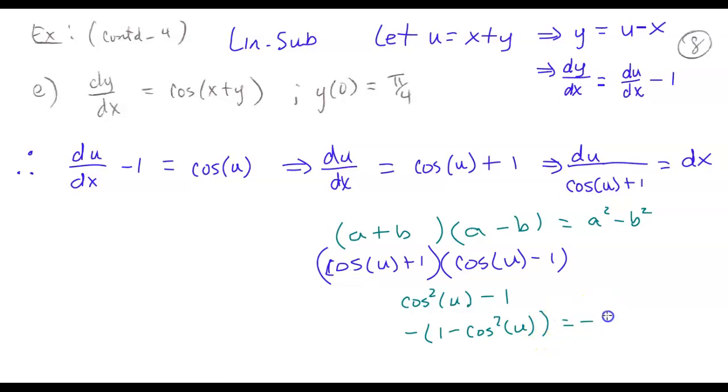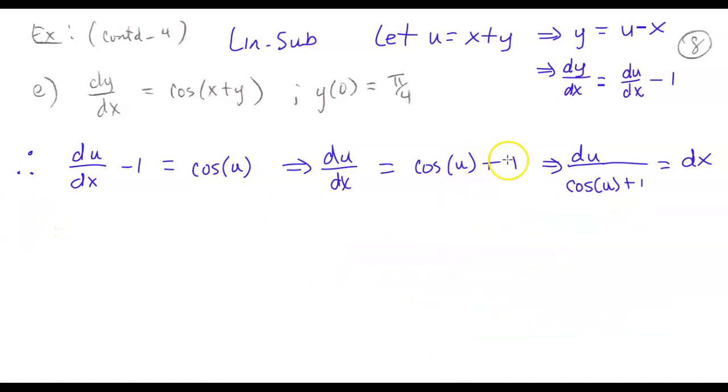And of course, all this would just be negative sine squared u. And that's something that we can deal with, okay? So what we're going to do here, now I'll erase this, but what we're going to do is multiply numerator and denominator of this left expression by the conjugate of the denominator and see if that will give us something that we can actually work with to be able to integrate relatively easy.